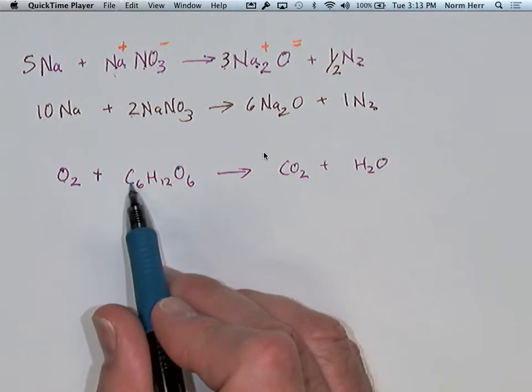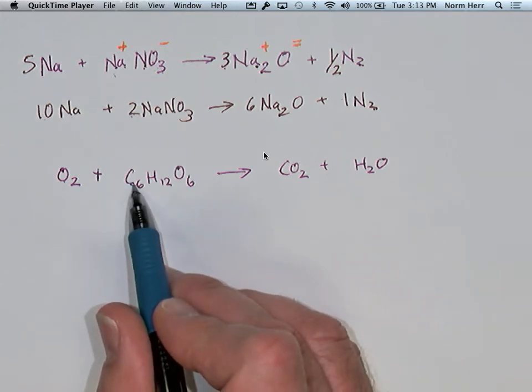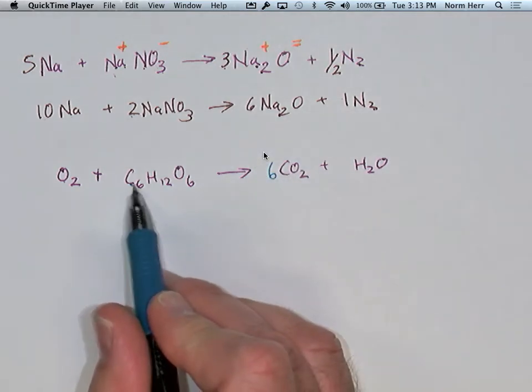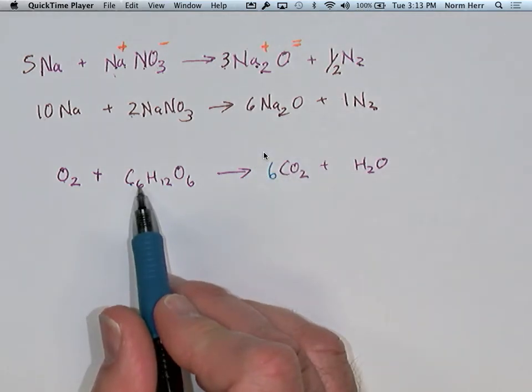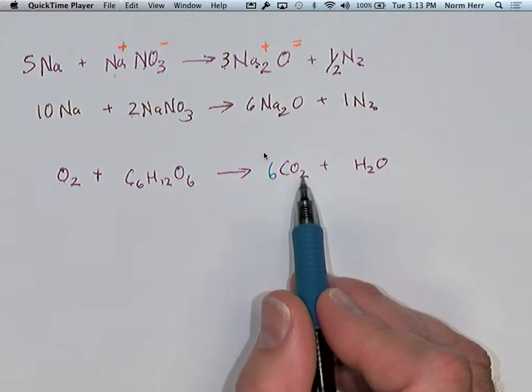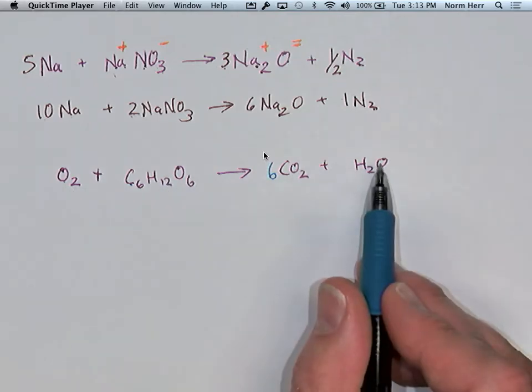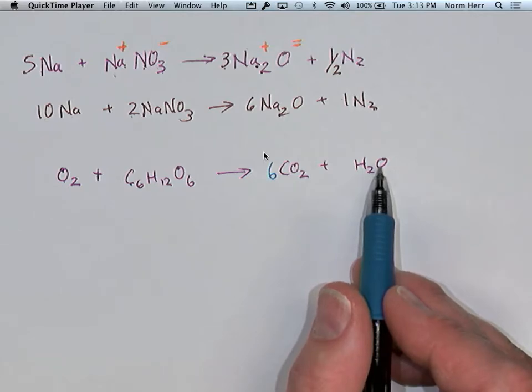So if we keep this one constant, then we put a 6 over here, that means we now have 6 carbons on both sides. Now that adjusts the oxygens, but it wouldn't be good to go through and adjust the oxygens right now because they're found in 2 reactants and 2 products, and therefore their ratios are not fixed.